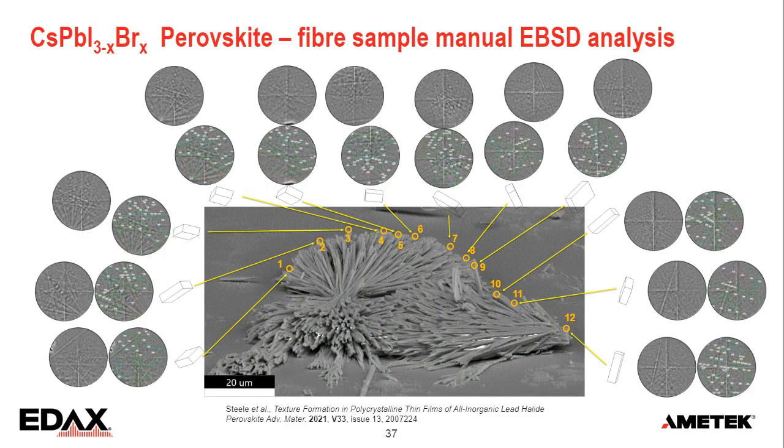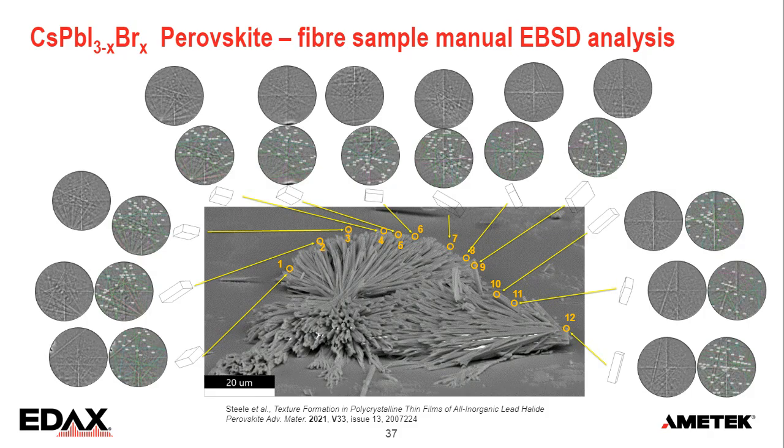Normal mapping will never work, but just by finding the tip, the edge of those fibers, you have enough diffracted signal to get those bands. In many cases, the automatic band detection will allow you to get an indexing result.